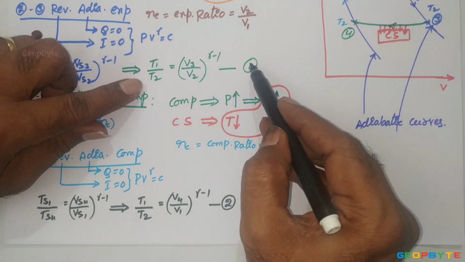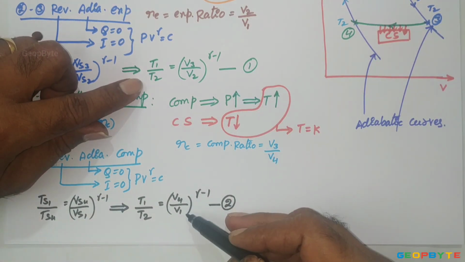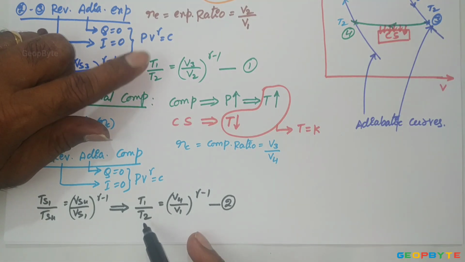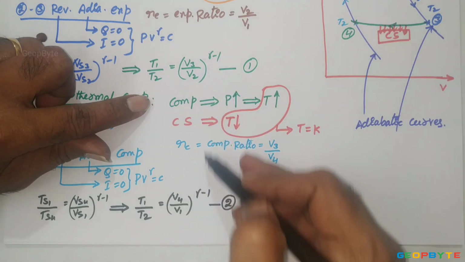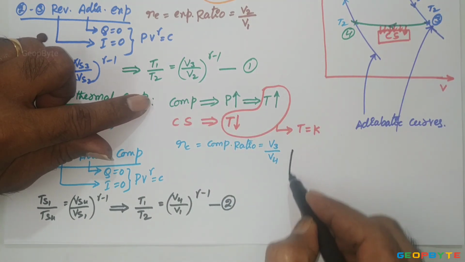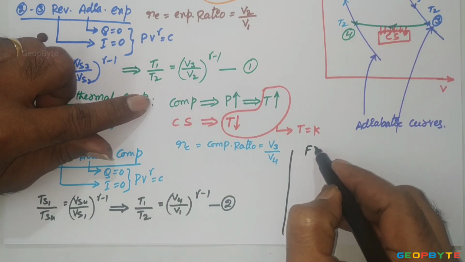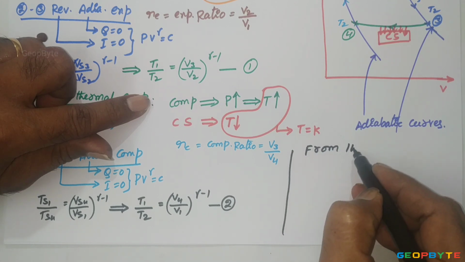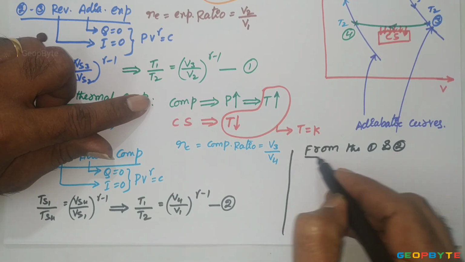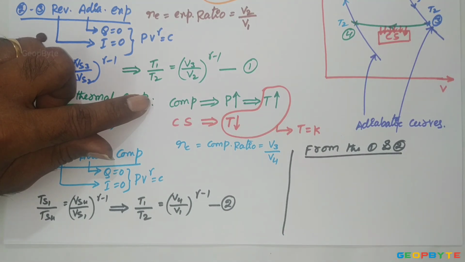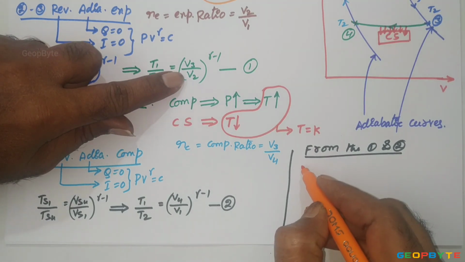Now let us compare relation 1 and relation 2. From relations 1 and 2, LHSs are equal, so you can equate the RHS.